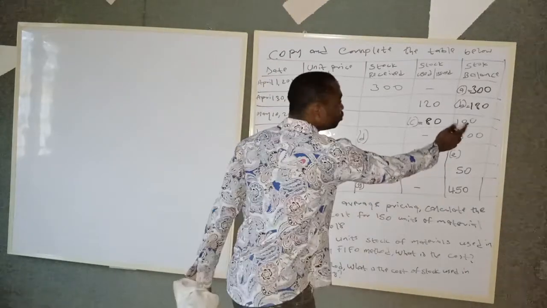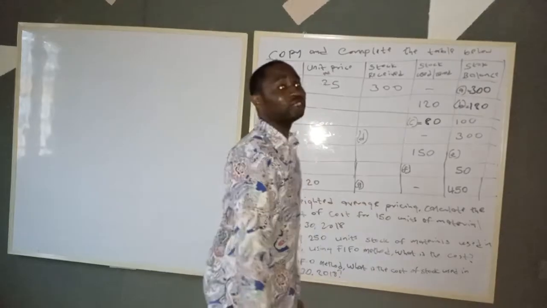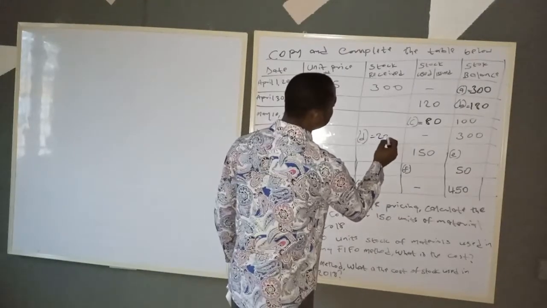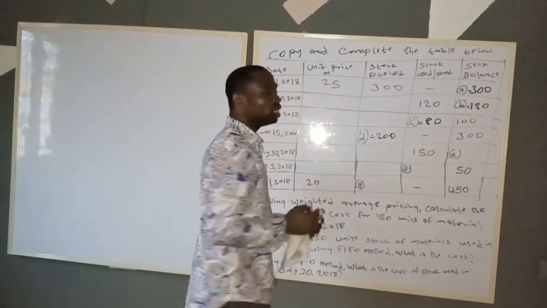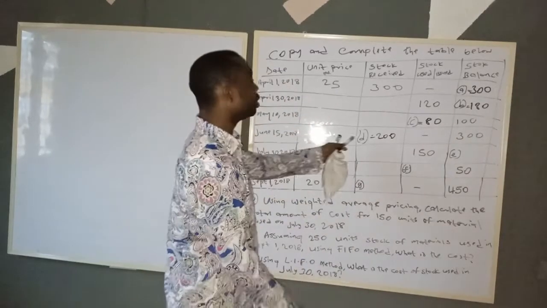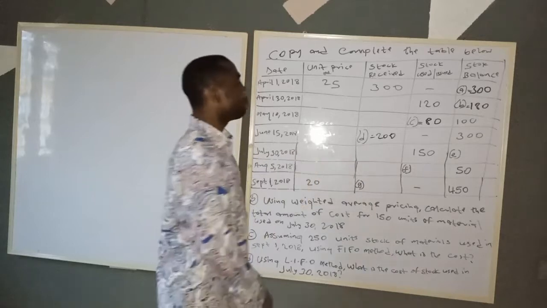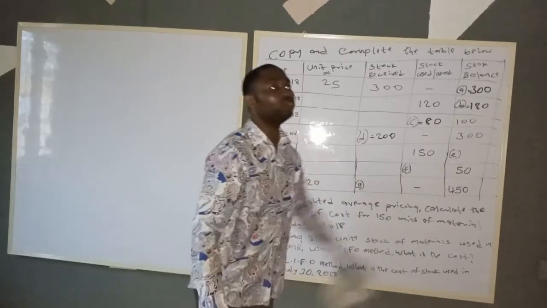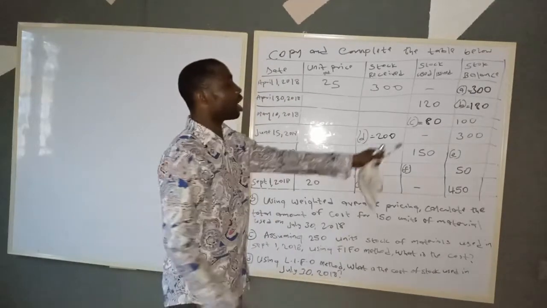That is 300 minus 100, our new balance, which is going to give us 200. That is 200 units is what they received this month at the price of 30 naira. When we add it to the 100 units of our stock balance, we now have a new balance of 300.